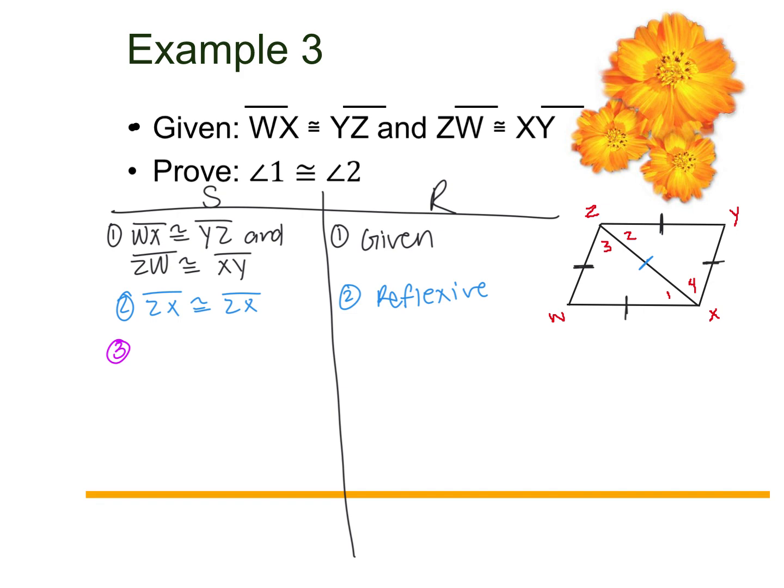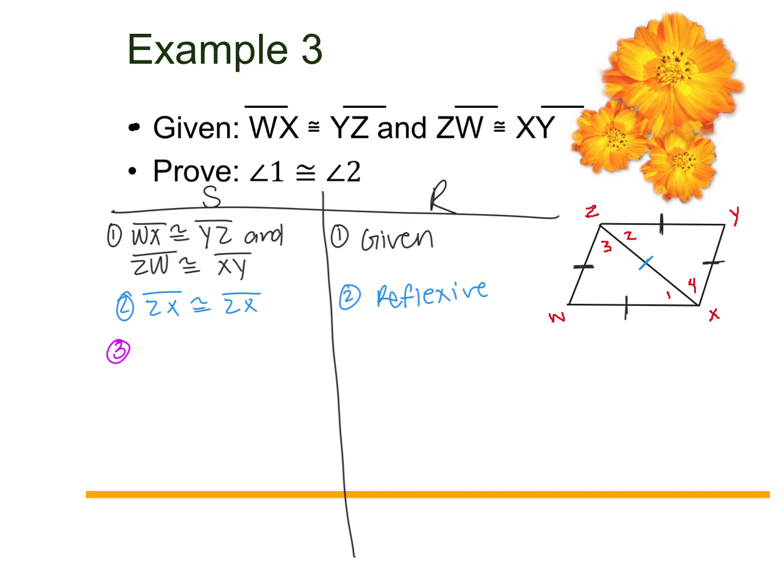Kyle, you think you know what it is? Is it angle 3 is congruent to angle 4? Not yet. I have to prove that these triangles are congruent before I go into my last one. So how would I prove that these triangles are congruent? Side by side. But good, I'm going to prove they're congruent by side, side, side.